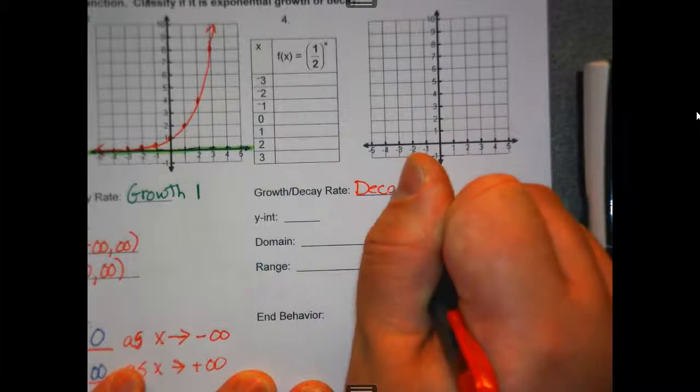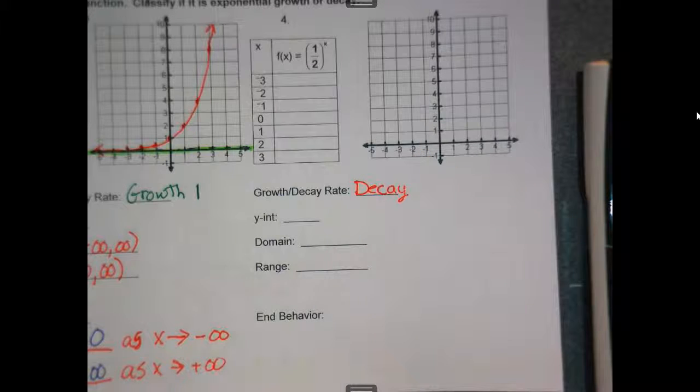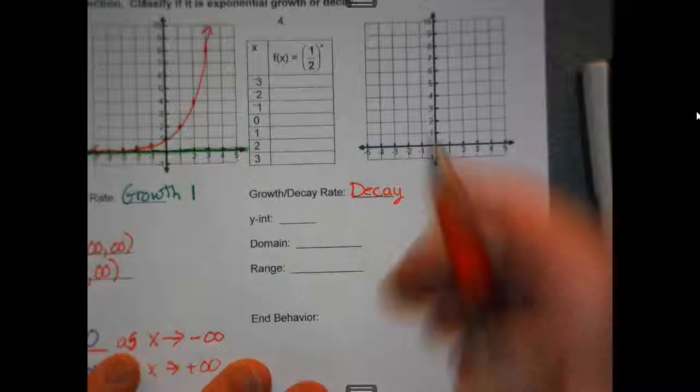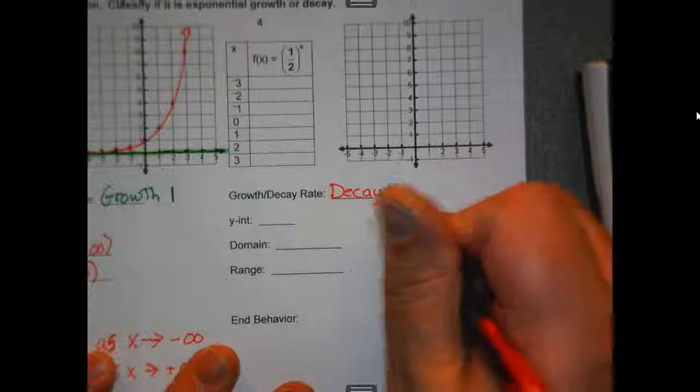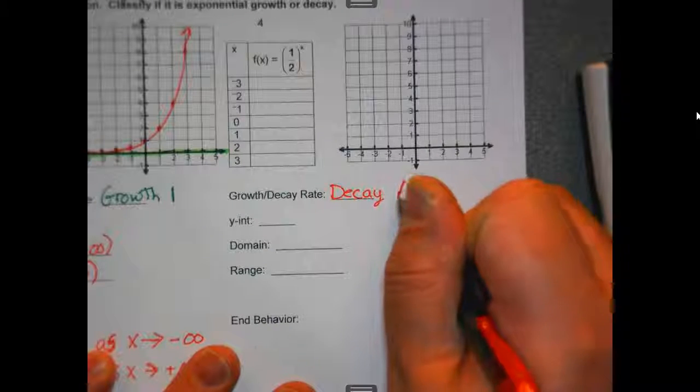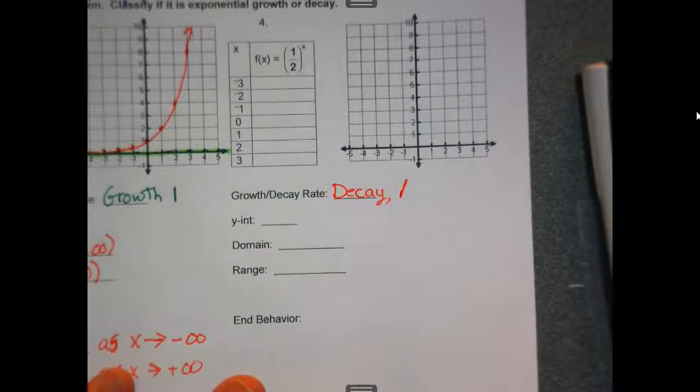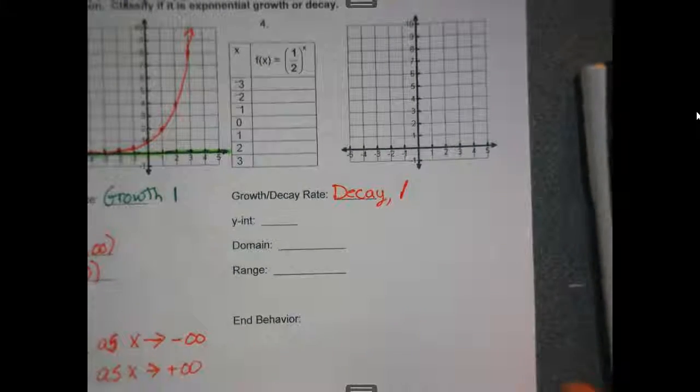Otherwise, it's going to take the 2, raise it to the x, then divide. So decay, what's my a? a is 1. Y-intercept, well, we have to graph it first, right?